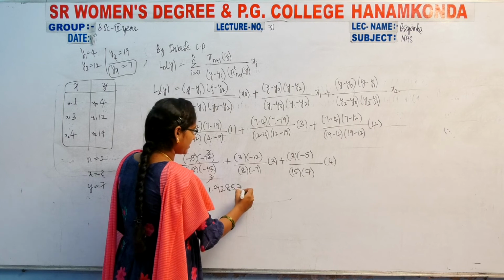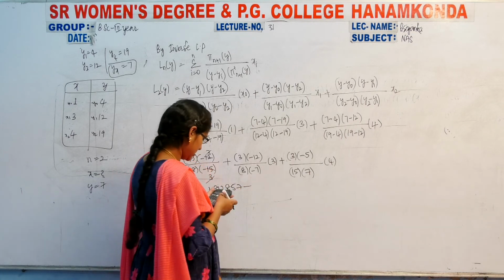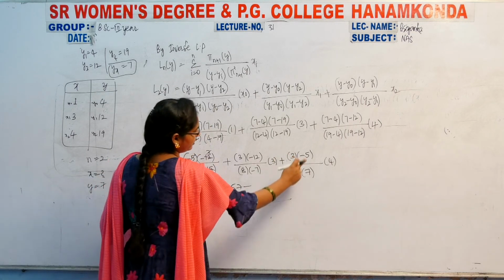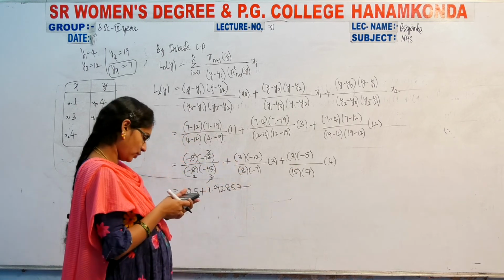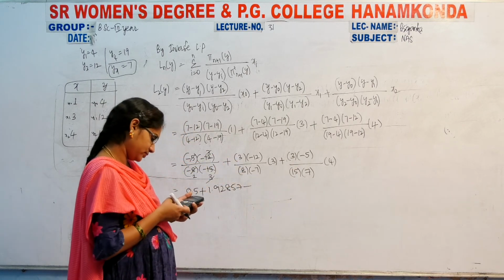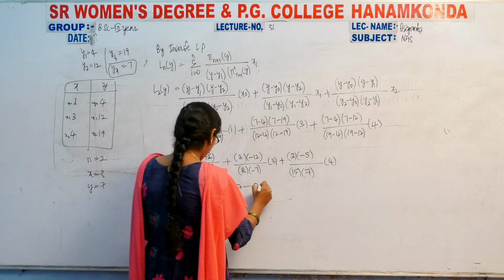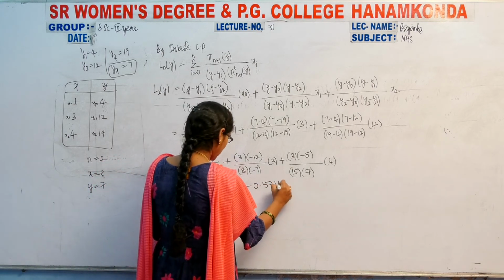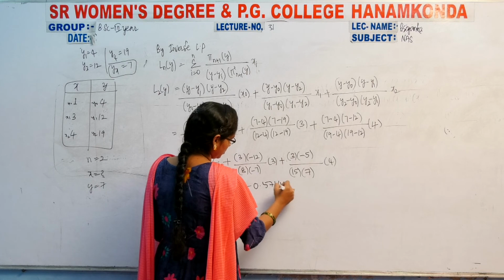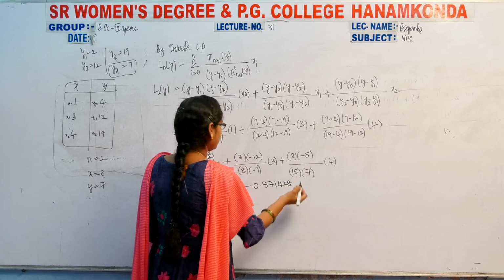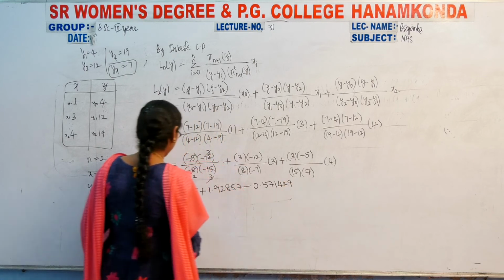So I am taking it up to 57. Next here I get minus 15 by 15 gets cancelled, 1 by 7. It means 4 by 7, which is 0.5714285, and here I am taking 9.